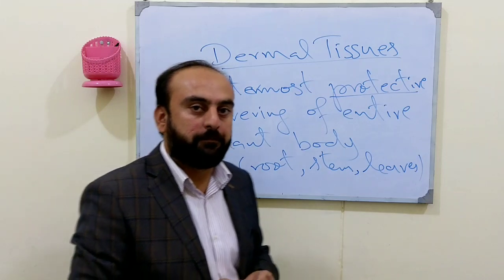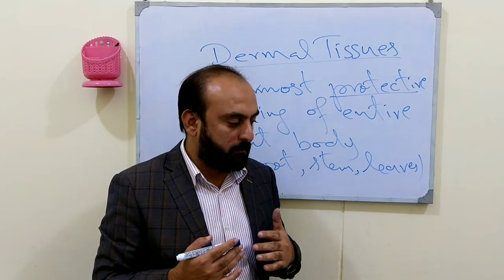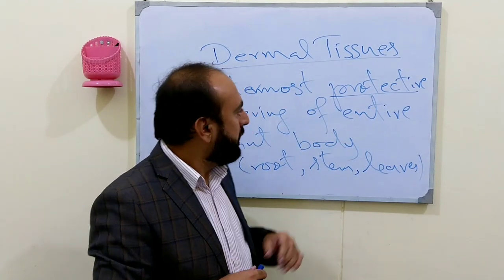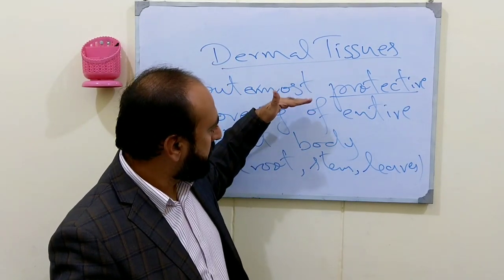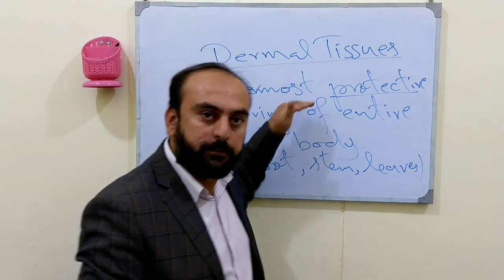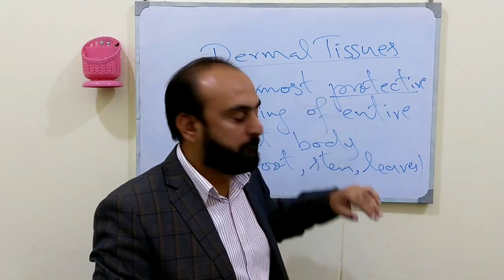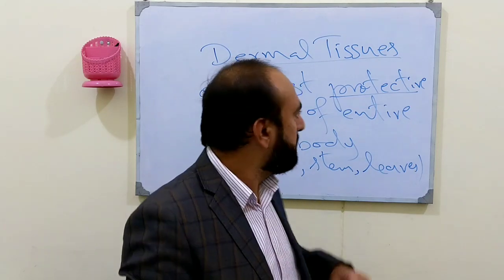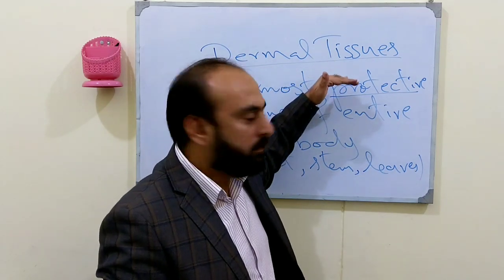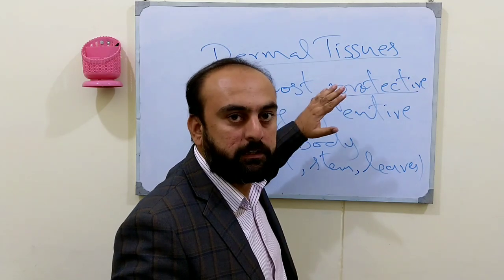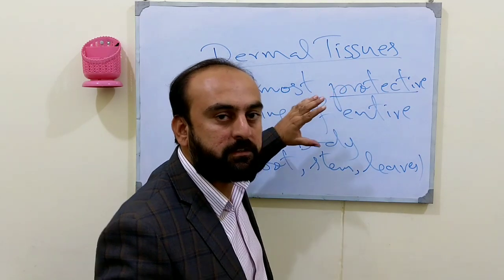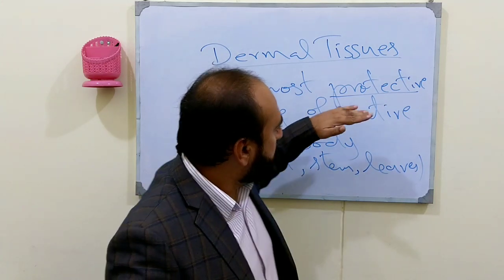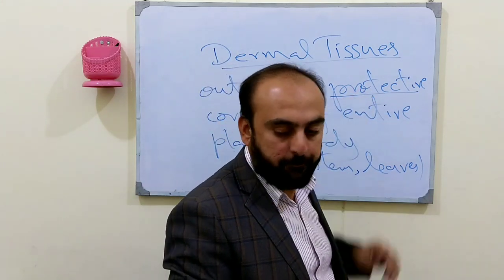But the main difference between our skin and the dermal tissues is that usually it is single-celled, very thin, compared to our skin that is multicellular. But this can also be multicellular. Usually it is one cell thick, consisting of elongated dermal cells, and its role is protective.